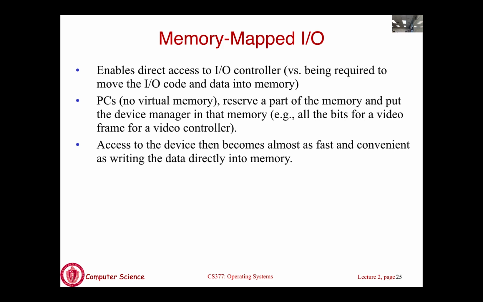What DMA allows you to do is there is an extra controller, which is called the DMA controller, which allows the CPU to tell the DMA, I want you to do some I/O. Here is a buffer in memory. So this is your DMA controller, not a processor, it's a controller.